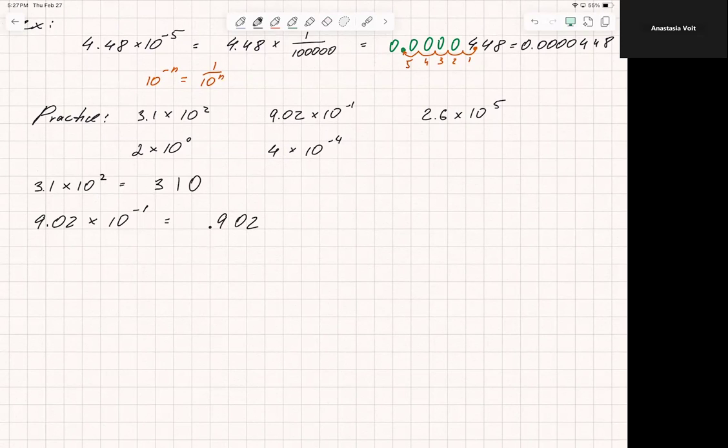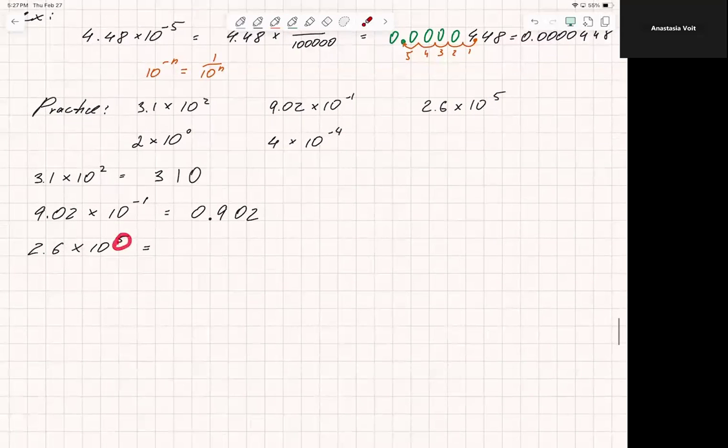Then the next one: 2.6 times 10 to the 5th power. Again, n is 5, which means we need to move our decimal point to the right 5 times. Why to the right? Because our 5 is a positive value. If it's positive, we go to the right. If it's negative, we go to the left.